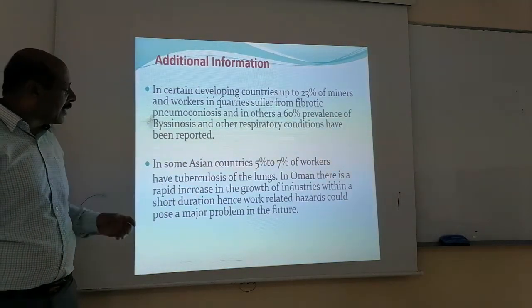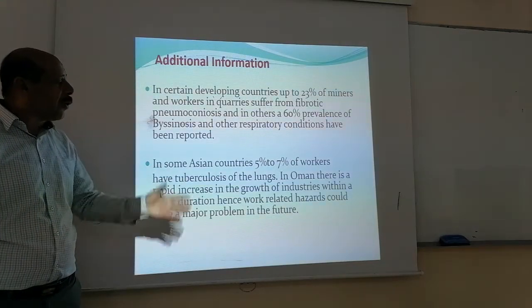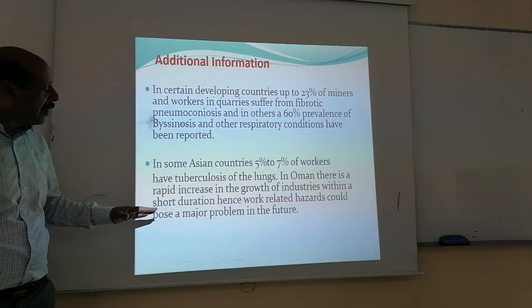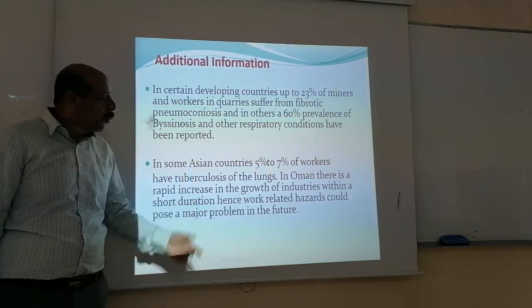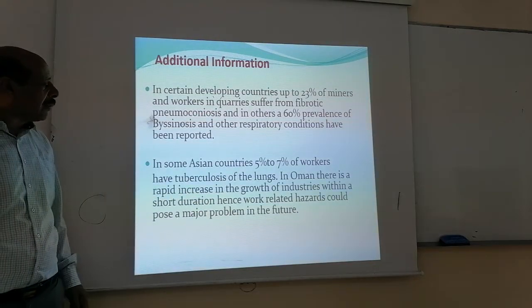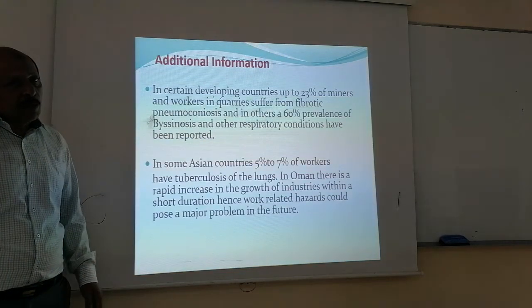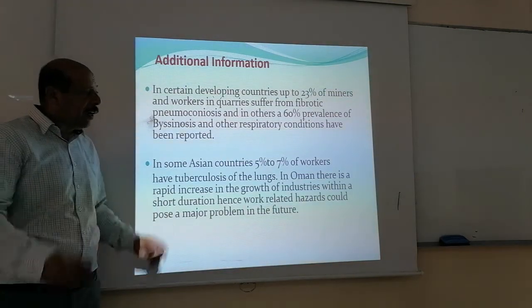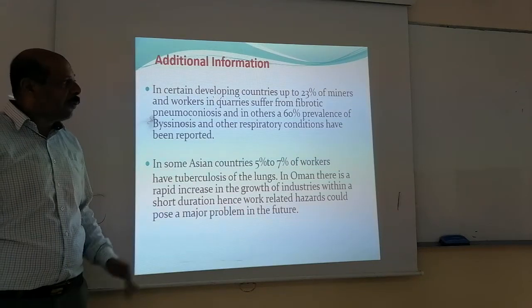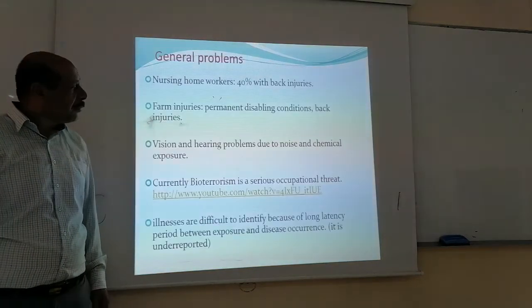In Oman there is a rapid increase in the growth of industry within a short duration, hence work-related hazards could pose a major problem in the future because of the large population of workers.